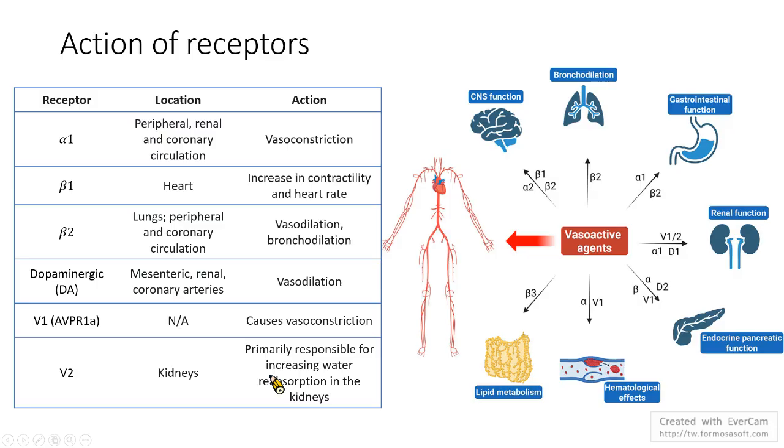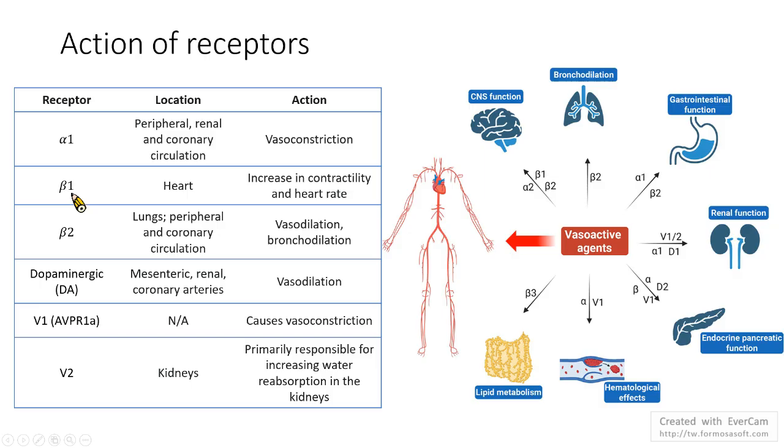And we all know that when we need to determine different vasoactive agents, there are primarily a lot of specific receptors participating in these circuits. The alpha-1 receptors are located in the peripheral, renal, and coronary circulation, and cause vasoconstriction as a reaction.